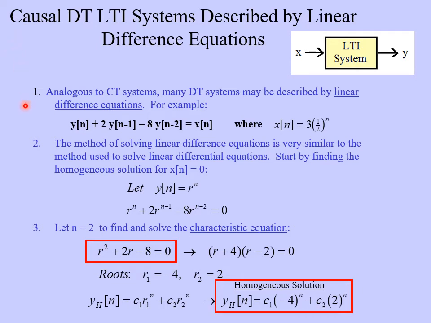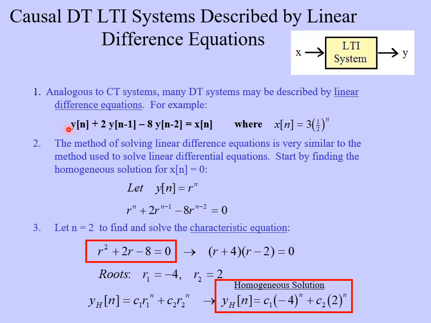Okay, so as I just mentioned, analogous to continuous time systems, many discrete time systems can be described by a linear difference equation. Here's an example: y of n plus 2y of n minus 1 minus 8y of n minus 2 equals x of n, and x of n is given as the sequence 3 times 1/2 to the n.